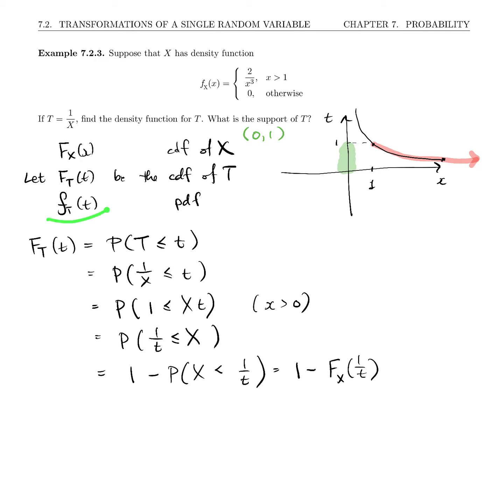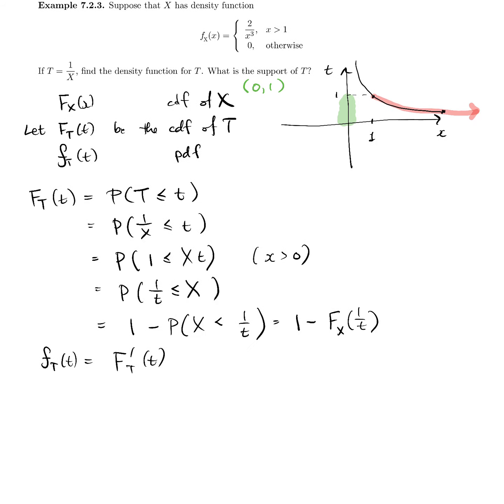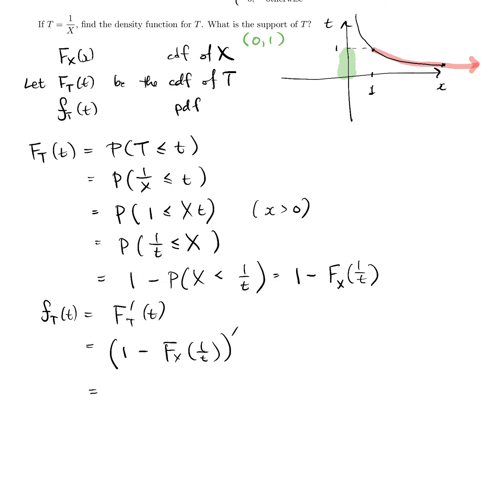Now, we want the density, and so we're going to use the relationship that the density function is the derivative of the cumulative distribution function, which means that we want the derivative of the function that we have here. So 1 minus f sub x. You'll notice we don't have a rule for f sub x, but that's okay because we are not going to need it. If we take the derivative, the constant goes away.